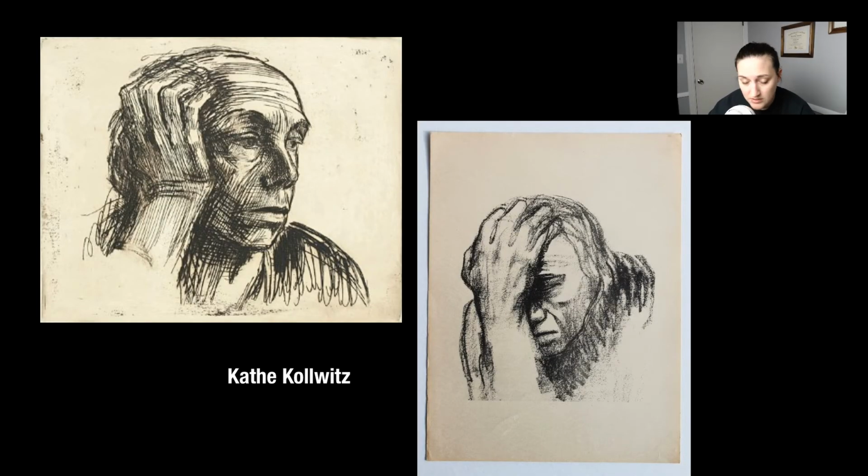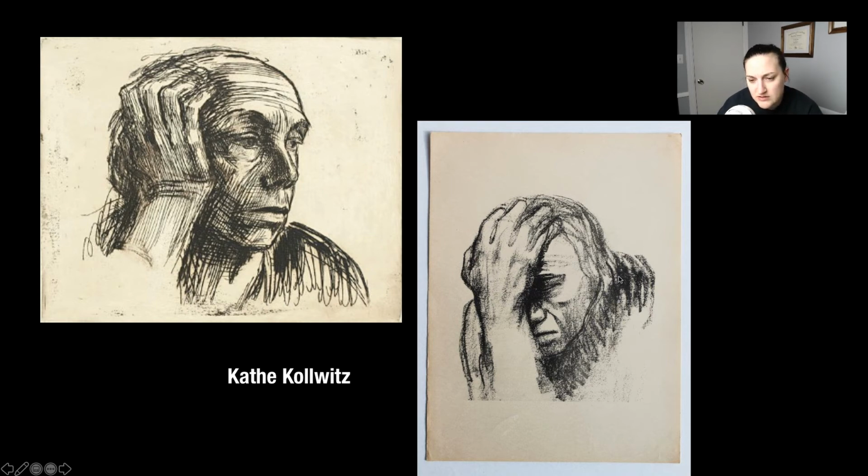So sometimes her mark making is helping to describe the form. She's using that contour hatching here, how it's describing the form of the forehead. She's using hatching as well, but she's using it more expressively and more loosely.